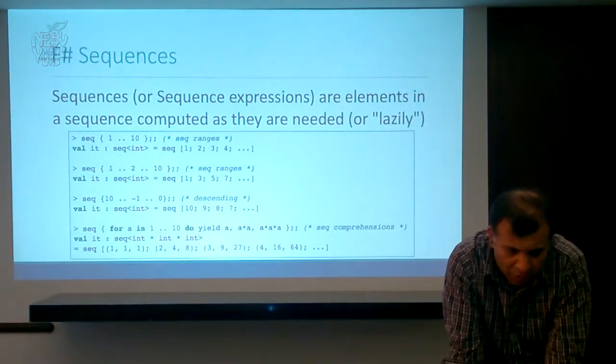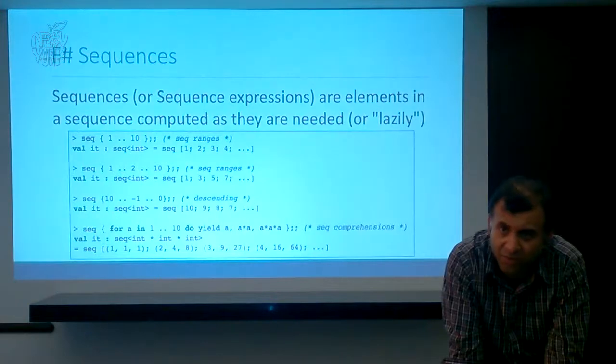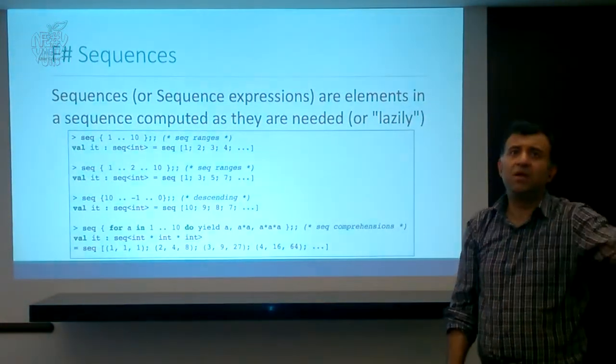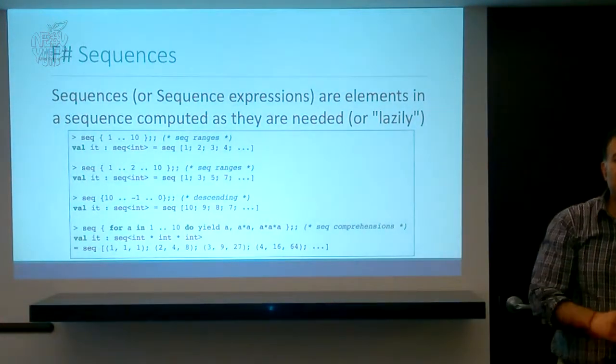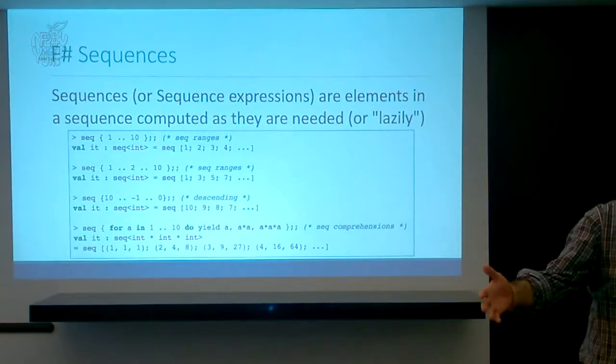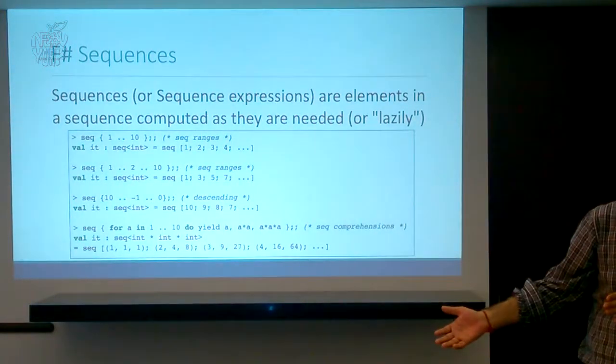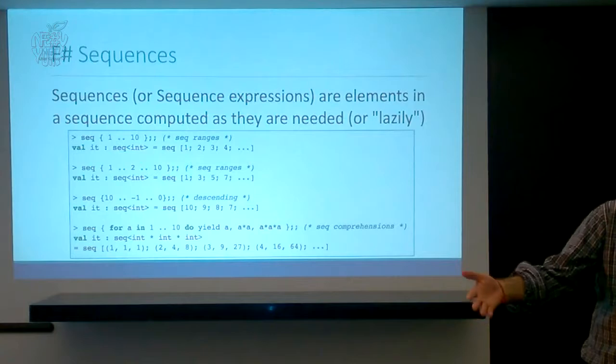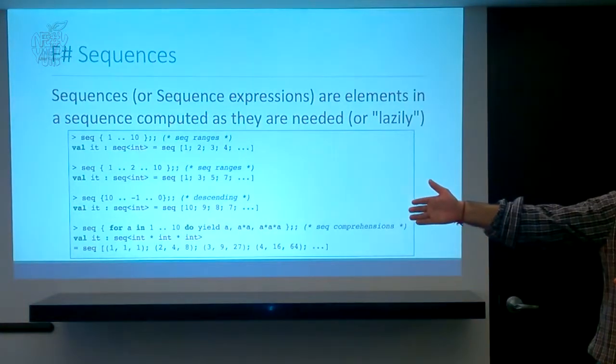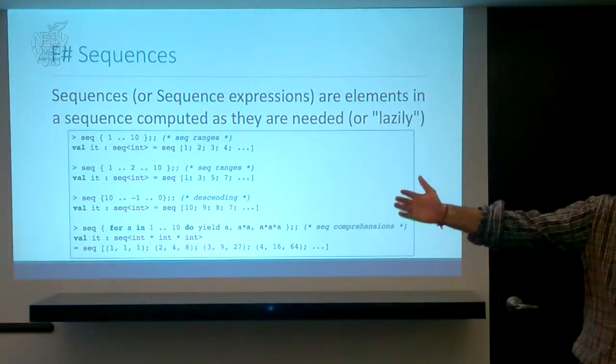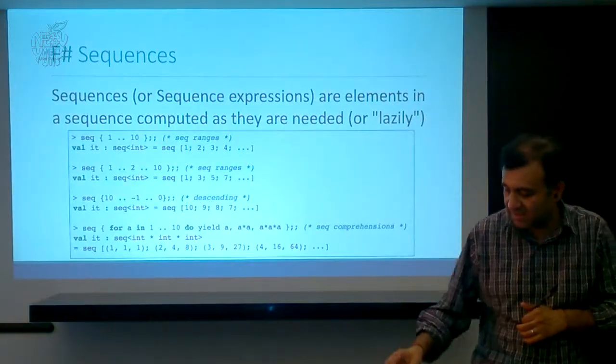Particularly when you have a very, very large set of data, let's say I have 10,000 customers and I need the first 5 customers who satisfy a certain criteria, I'll use something like a sequence. As soon as I have 5, I don't want to compute the remaining, let's say, million. That's where lazy lists are used.